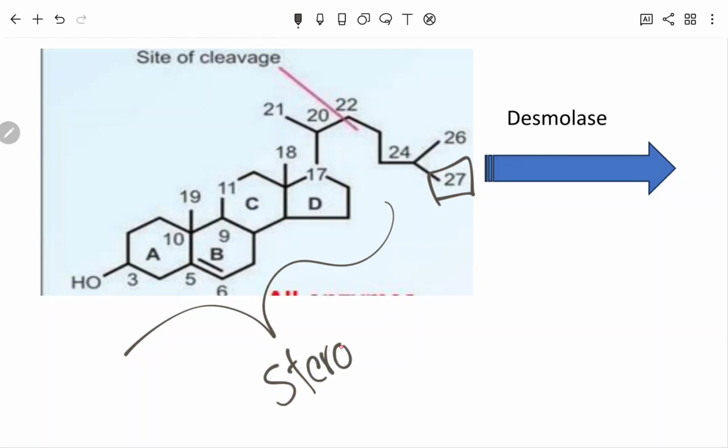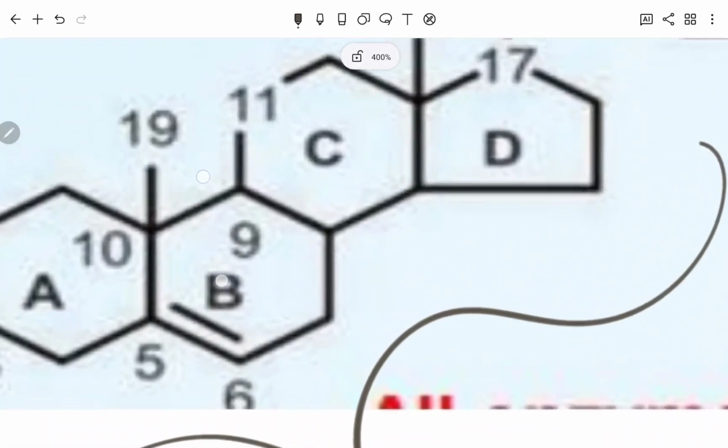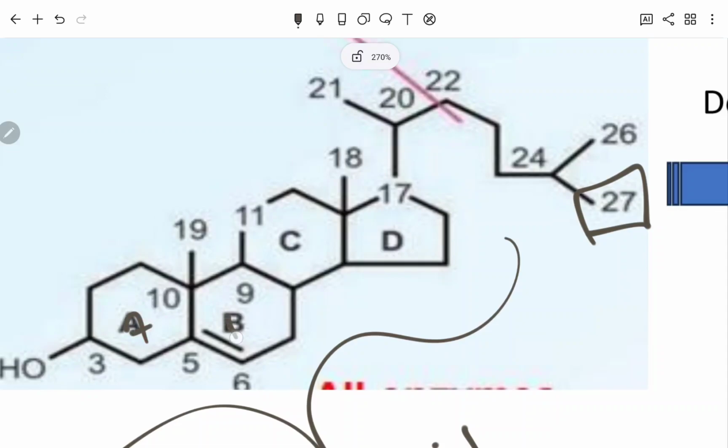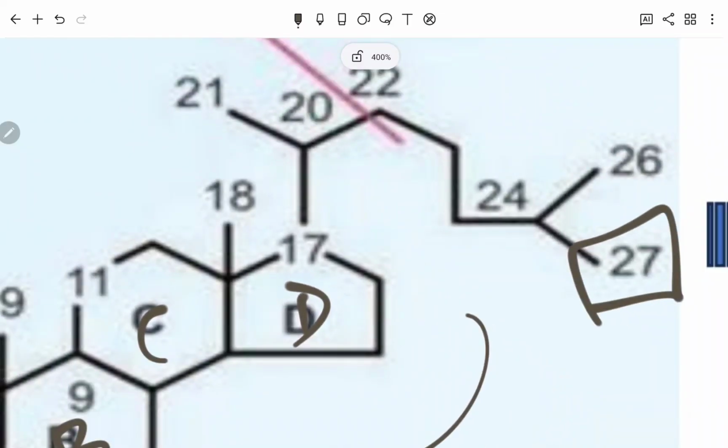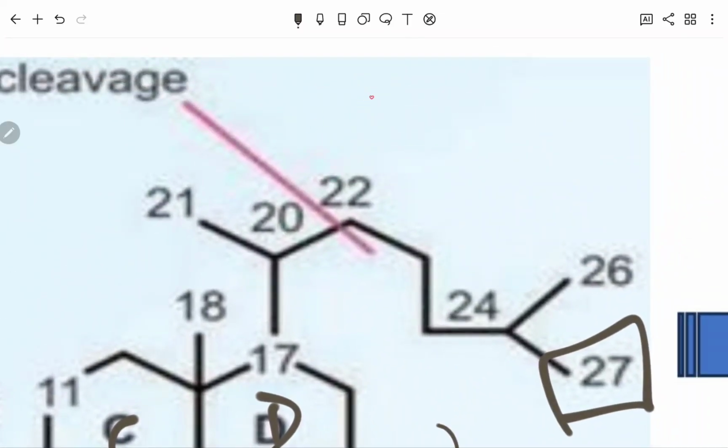The steroid nucleus consists of 4 fused rings, as we can see. Here's A, B, C, and D. And at carbon number 17 of the steroid nucleus, we'll have a hydrocarbon tail attached. The hydrocarbon tail is the second component of cholesterol.